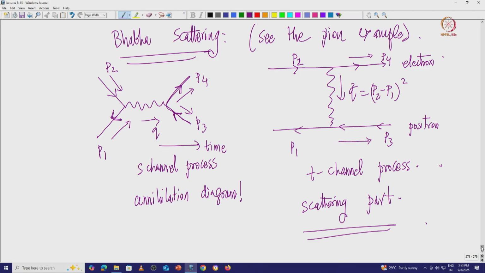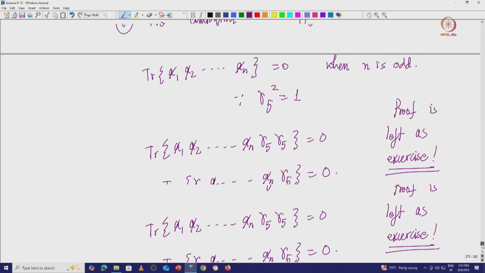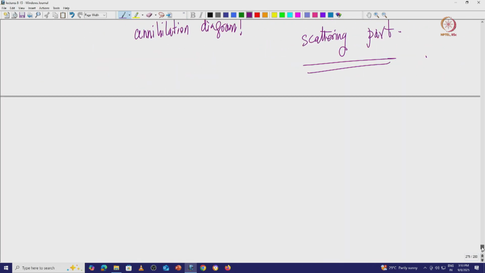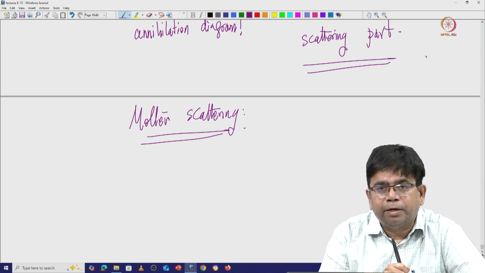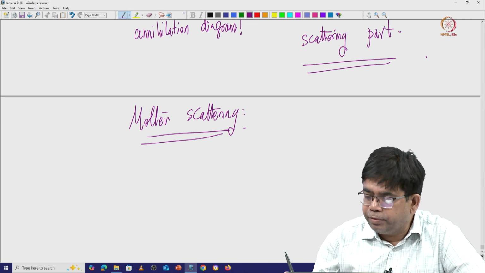Now let us look at a very interesting process which is called the Moller scattering. Moller scattering is scattering of an electron with itself, with another electron.